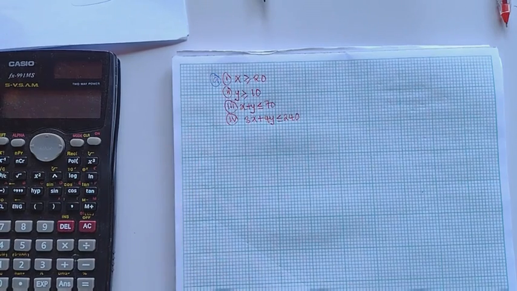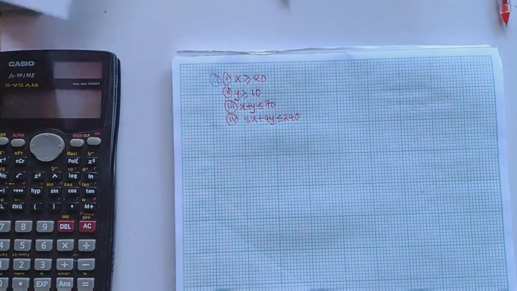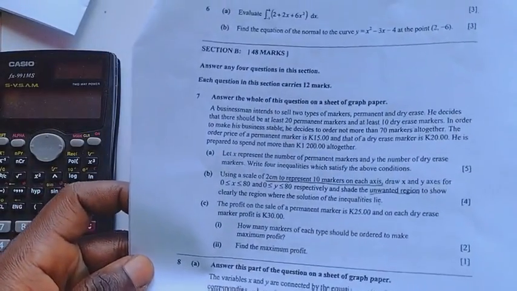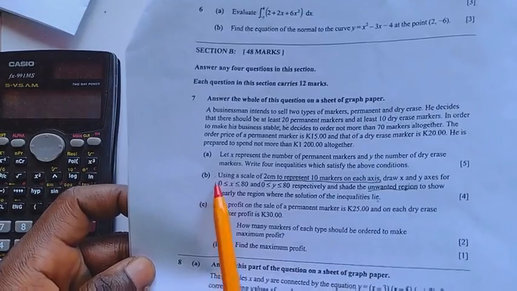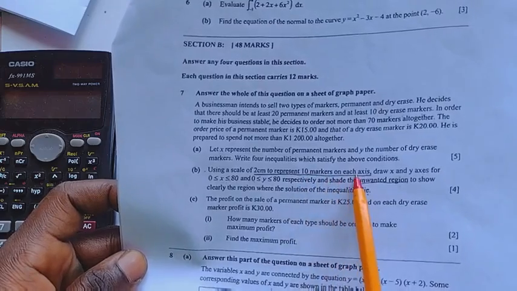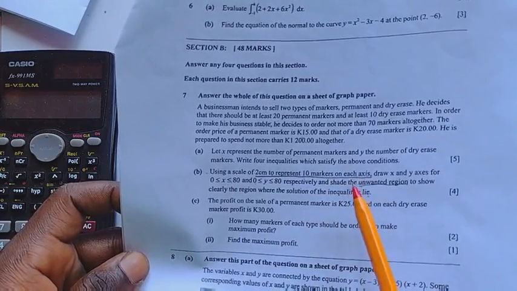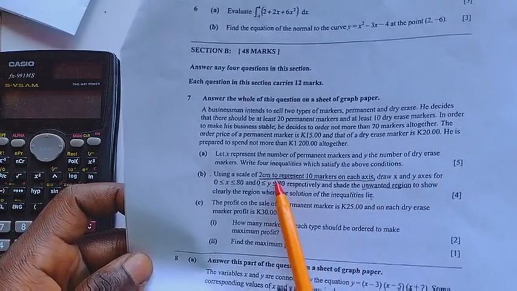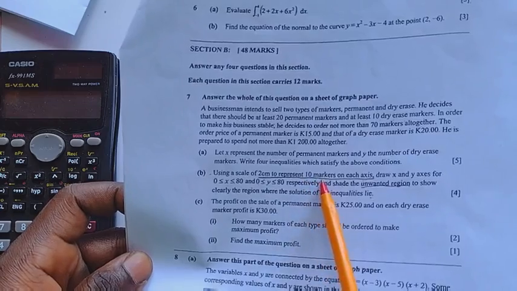Let us now come to our question B right here. So this is our question B, as you can see. Using a scale of 2 cm to represent 10 markers on each axis. So on each axis, that is the y-axis and the x-axis, we should use 2 cm to represent 10 markers.